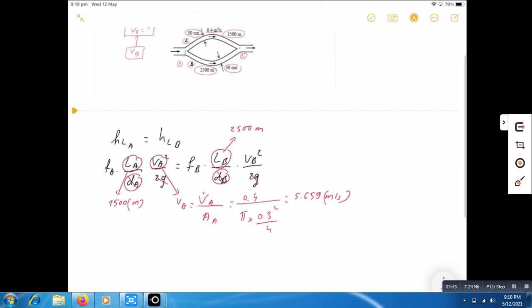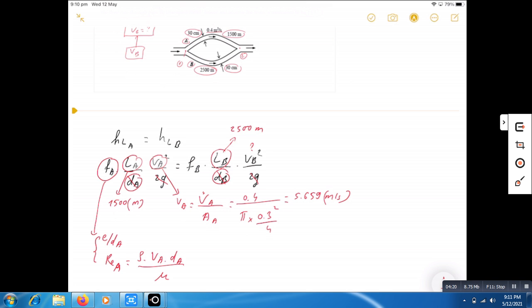Similar to questions 1 and 2, f is the friction coefficient. So fA is easy, you can find it from E over dA and Reynolds number A, with Reynolds number A equal to rho VA dA over mu, and the Moody diagram. It means fA you can find, LA you can find, VA you can find, LB you know, and you have to find VB.